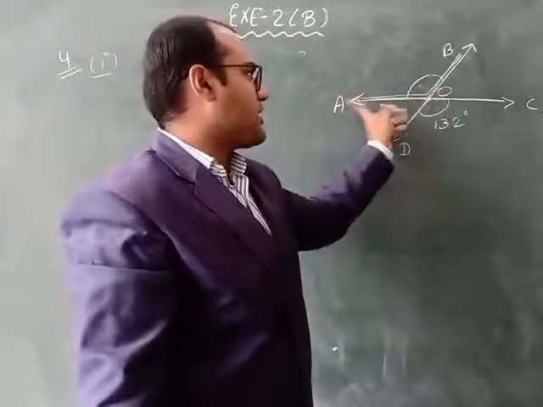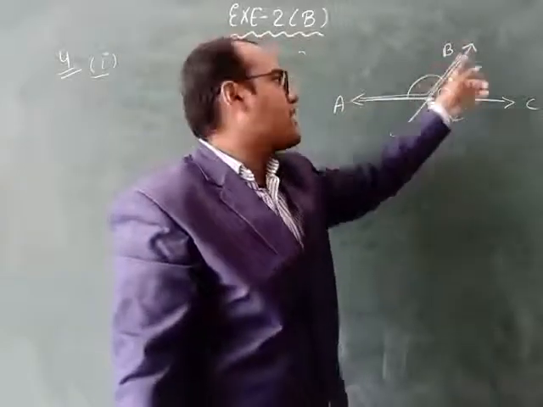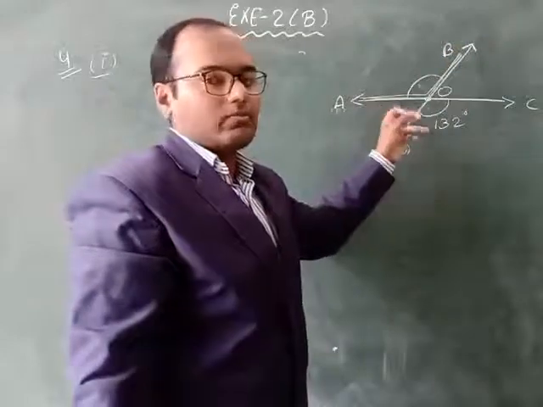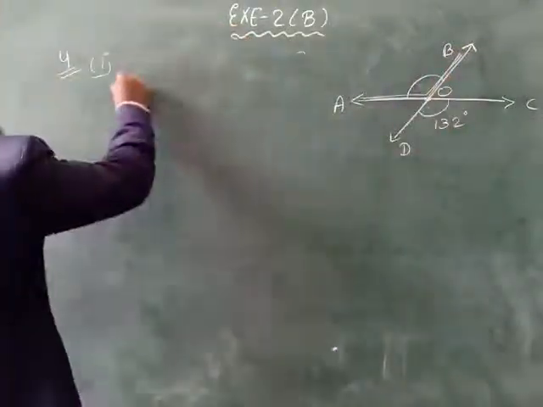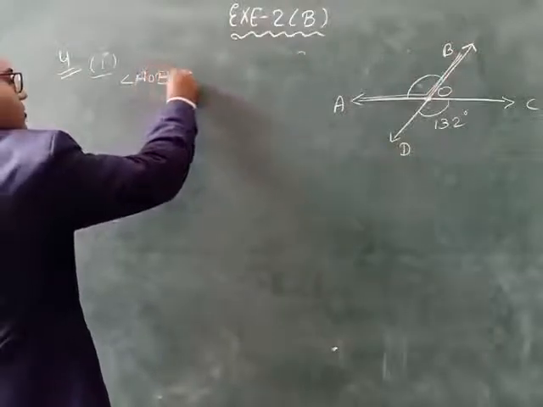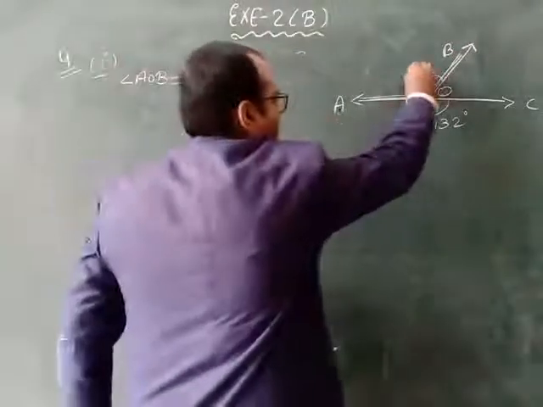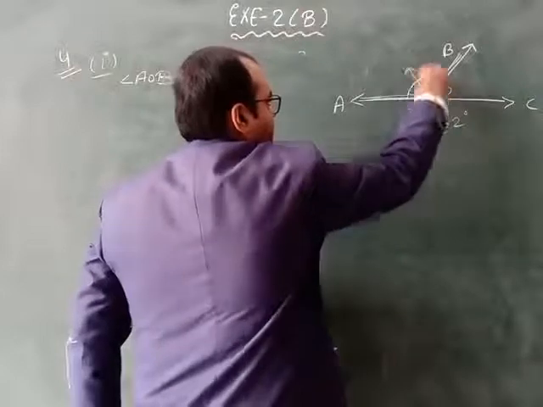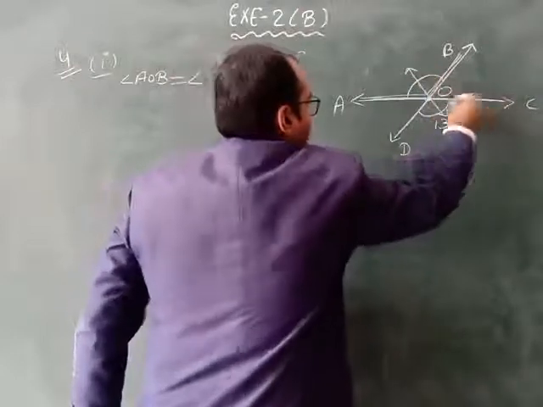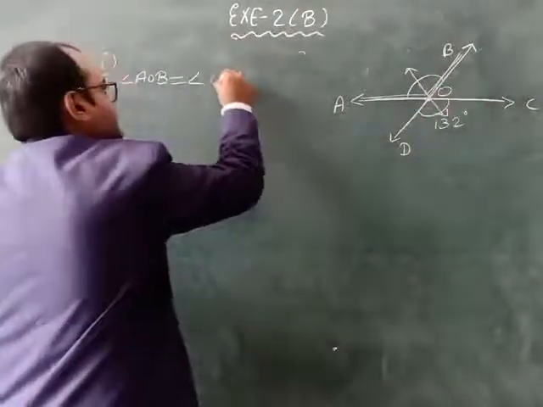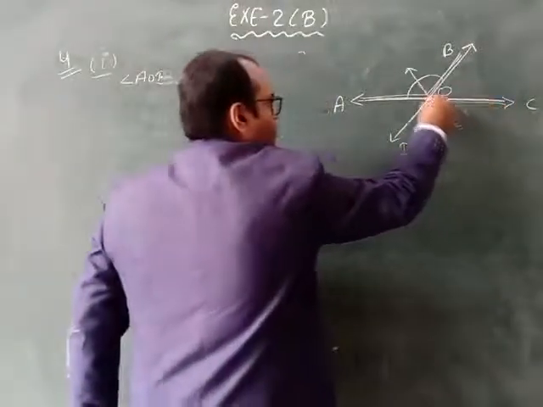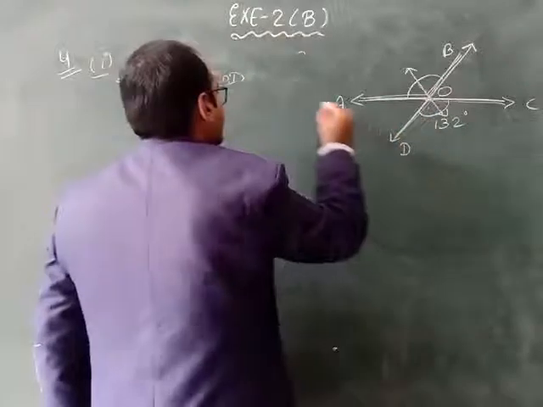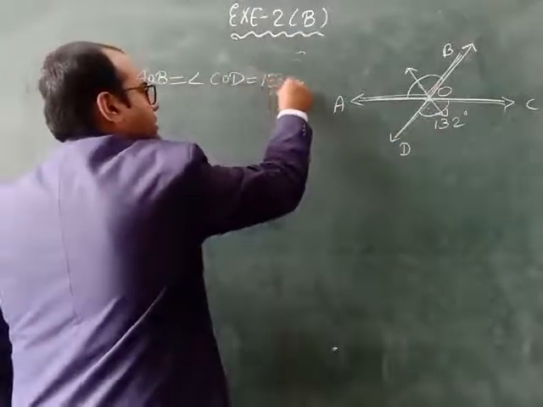Name of this angle is AOB, or we can say BOA also, meaning will remain same. So AOB angle will be equal to angle which is coming opposite to this angle, this one, COD. This is C to O, O to D. So both are 132 degree.